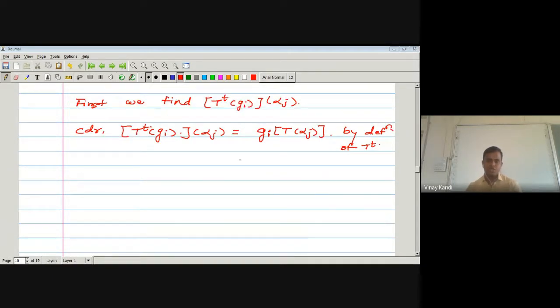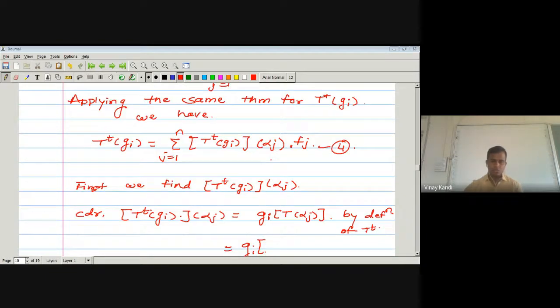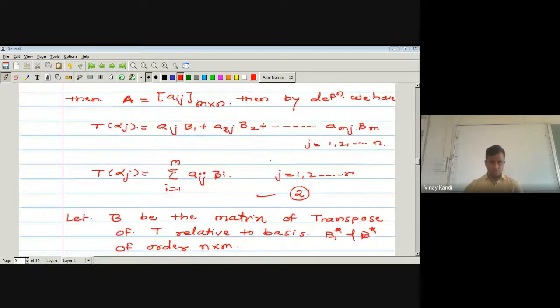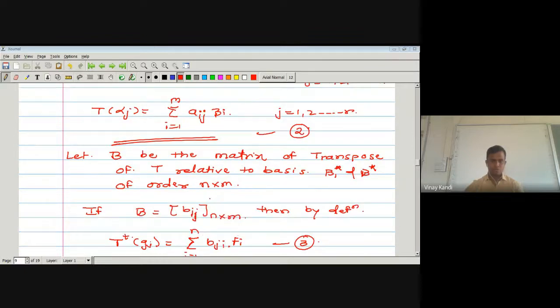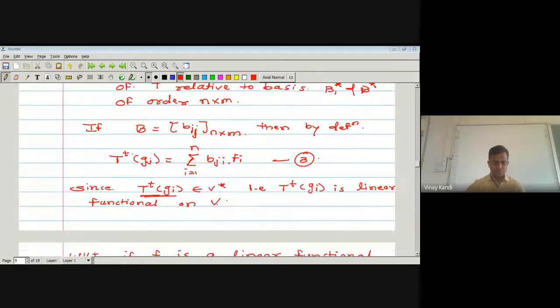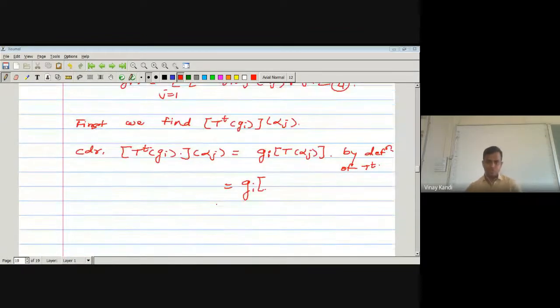But what is T of alpha j? T is the mapping from V to W. This is n dimensional, this is m dimensional.